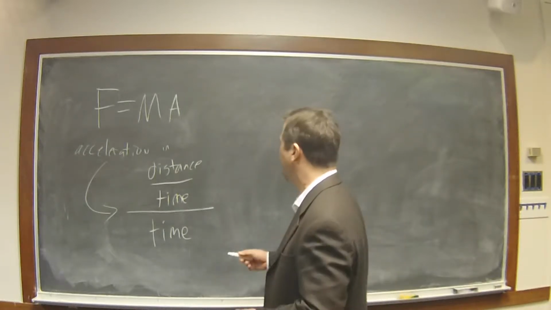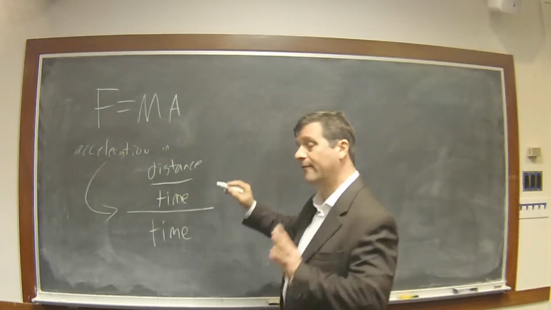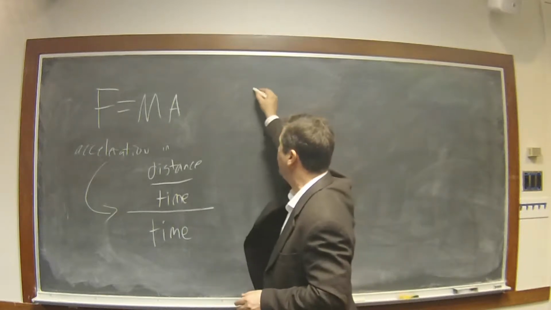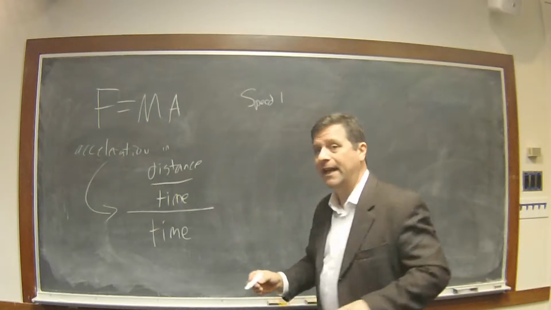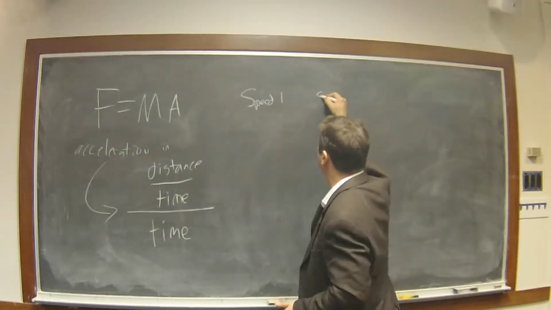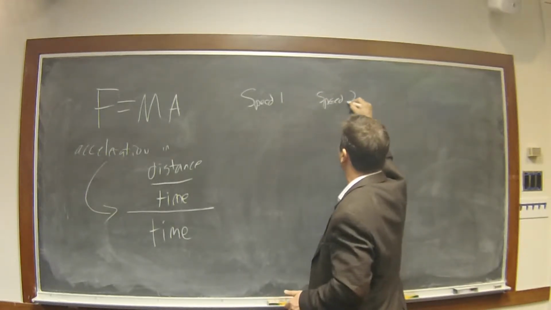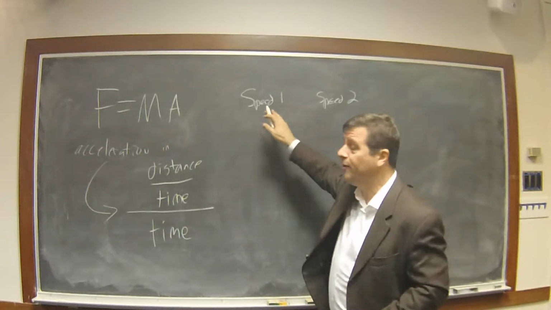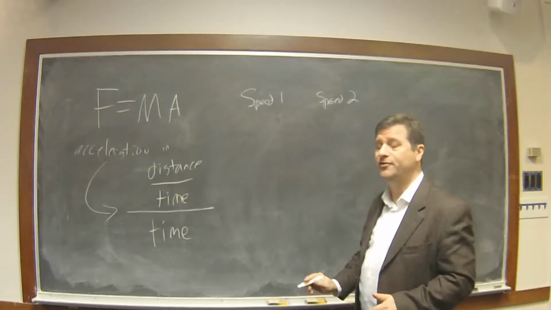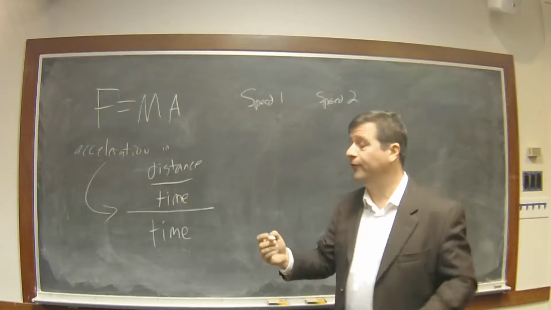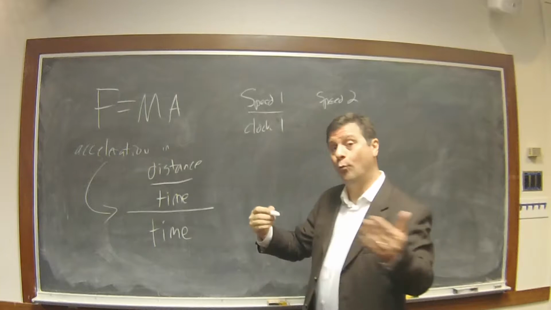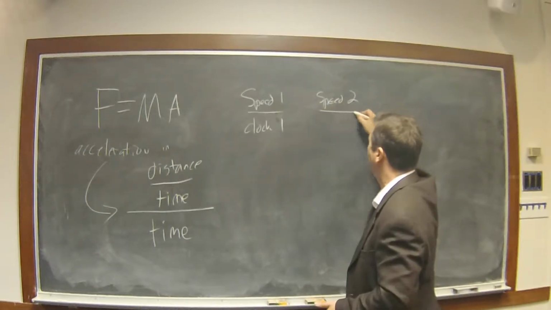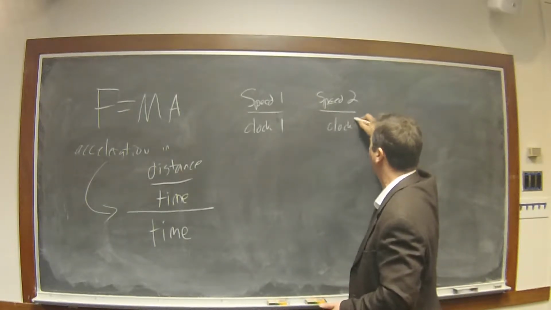Again, what do we mean by that? Well, let's say we have a speed. We'll call it speed 1. Go speed racer. Speed 1, and then we end at speed 2. So our beginning speed is speed 1, our ending speed is speed 2. Now we might have started our clock at clock time 1, and we would have ended our time at clock time 2.